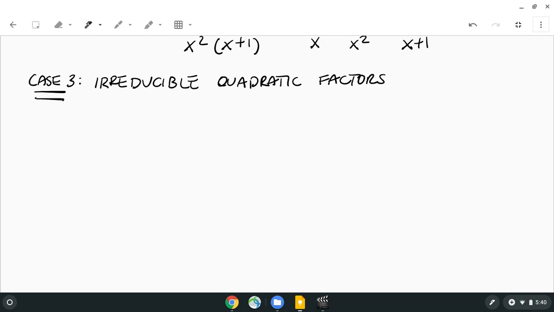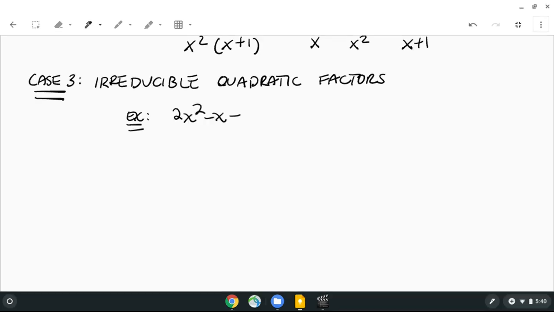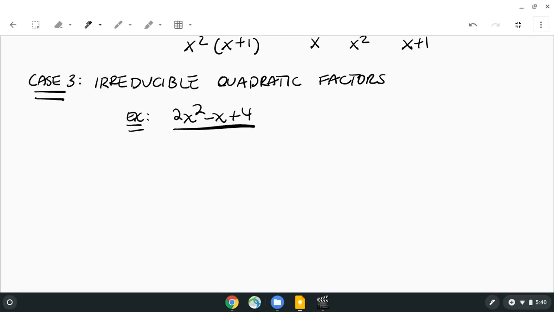So irreducible quadratic factors, quadratic meaning like x squared. So for example, if you have something like this, you have some numerator. So far the numerator is not really playing an important role as far as our setup goes. Our setup is mainly based on the factors in the denominator.